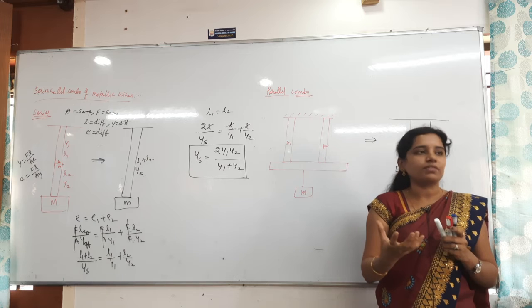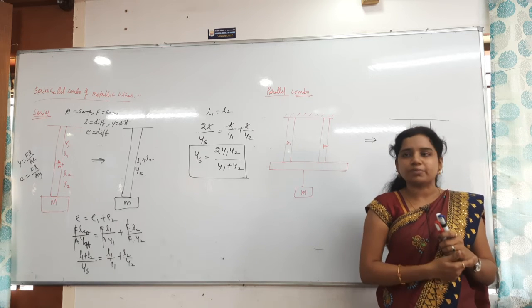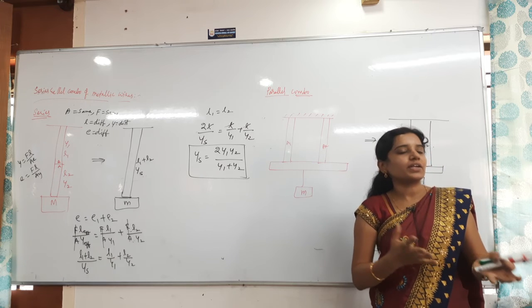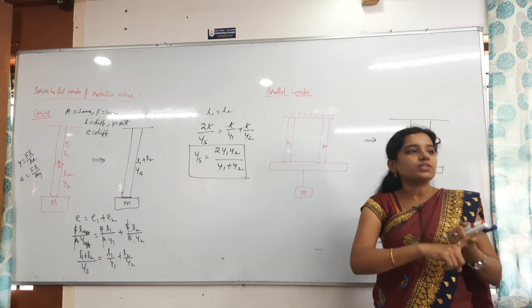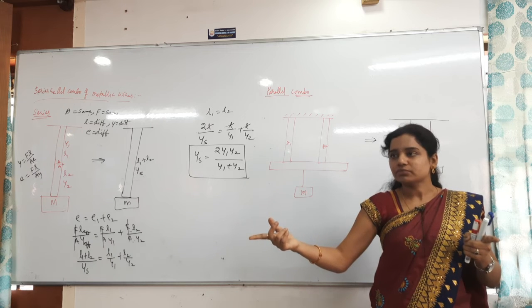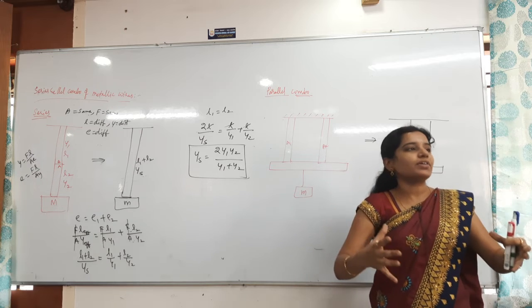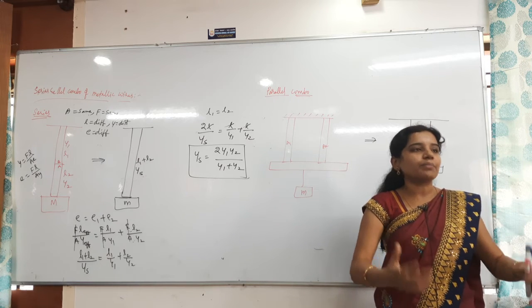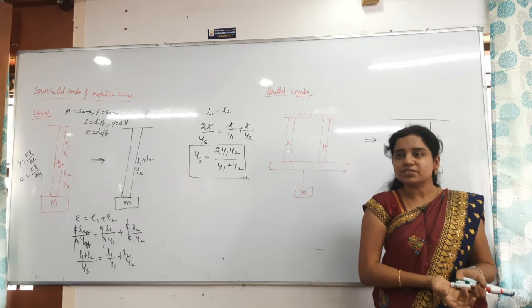So for whatever rod we have taken, the stress it will bear depends on the rod's area. If the force is the same, then stress will be the same. Understand or not? Just remember that whichever has more area can bear more stress, and whichever has less area can bear only less stress.